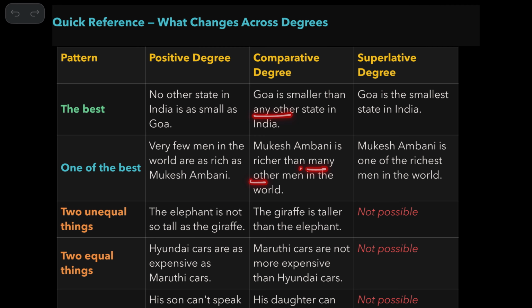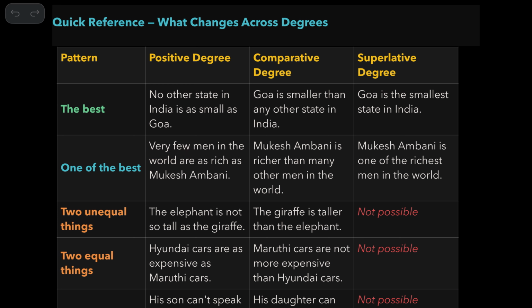That's the difference. Now you see "smallest state," but here you see "one of the richest men." So you find this "one of" in this structure, and in place of "any" you find "many," and in place of "no other" your sentence starts with "very few."